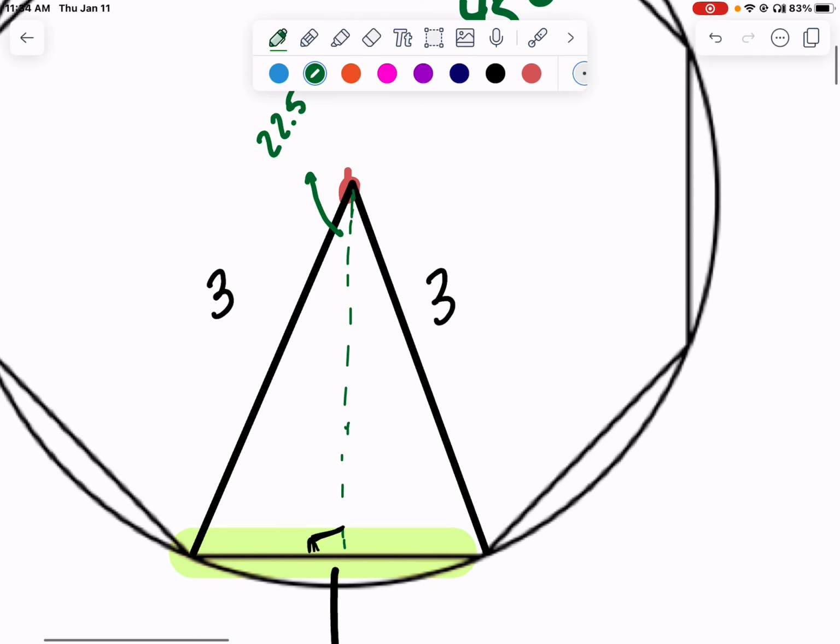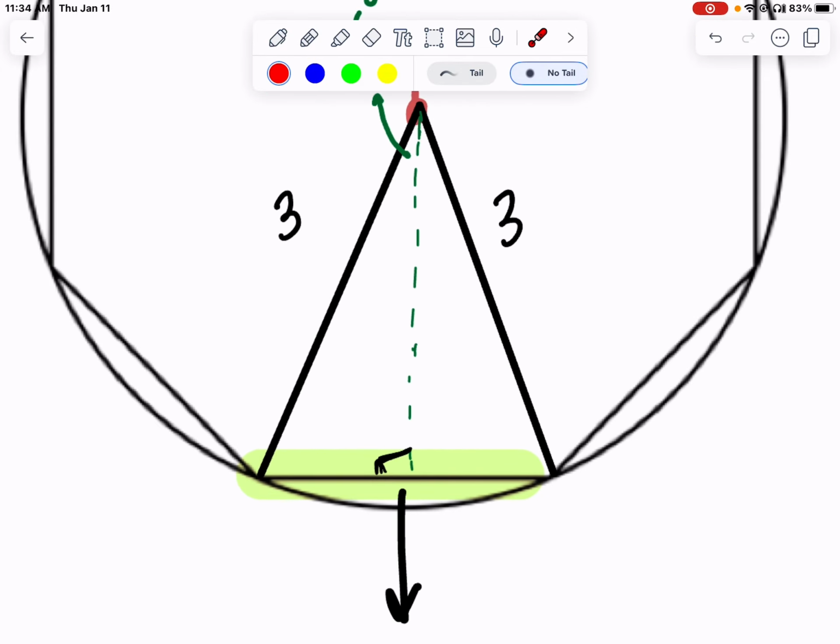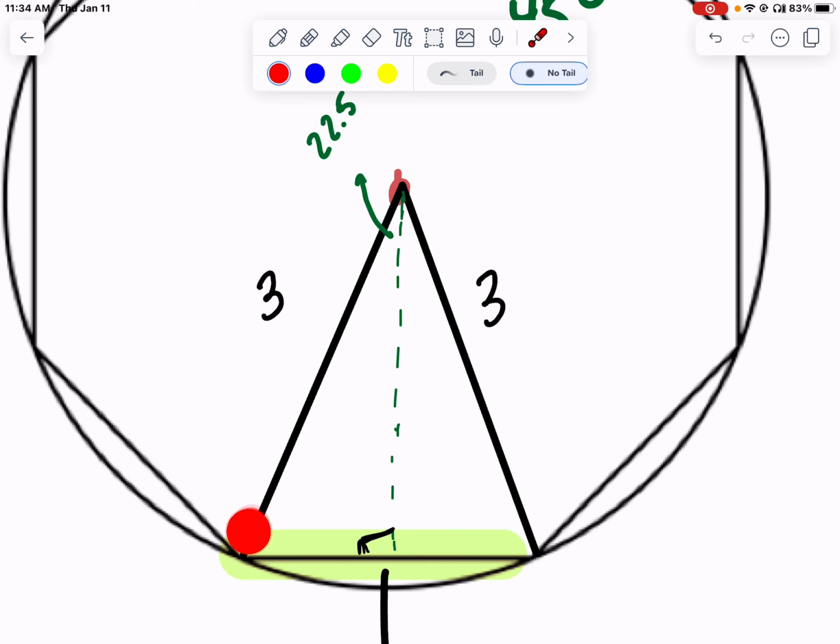This has all been the setup to try and find the length. I now have enough information looking at said triangle to be able to find what I'm going to label X right here. If this is my right triangle, I have this angle. 3 is going to represent the hypotenuse because it's across from my 90-degree angle. X is all the way across from the angle I have, so it's going to be considered my opposite side.